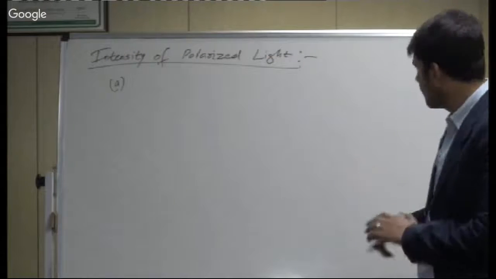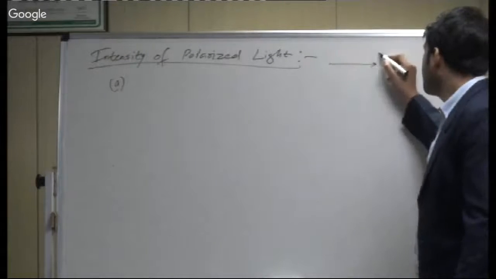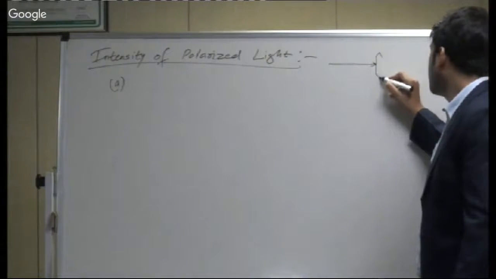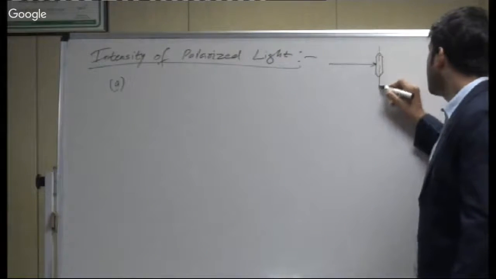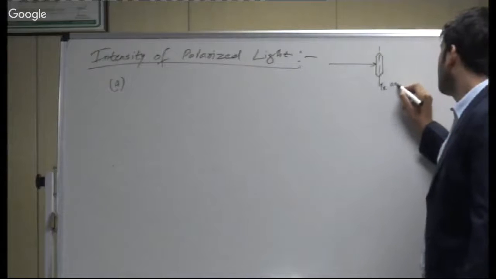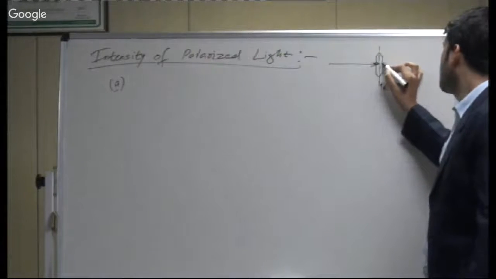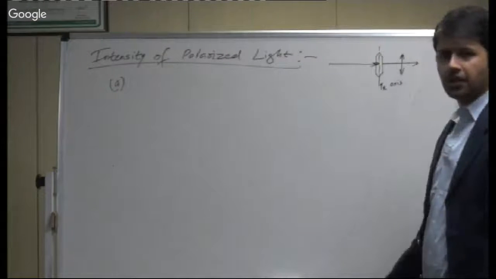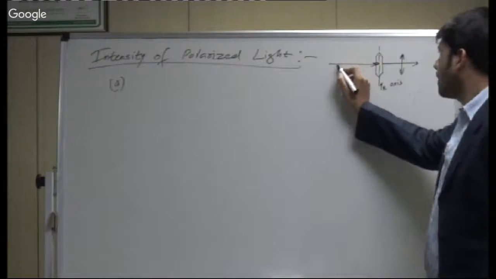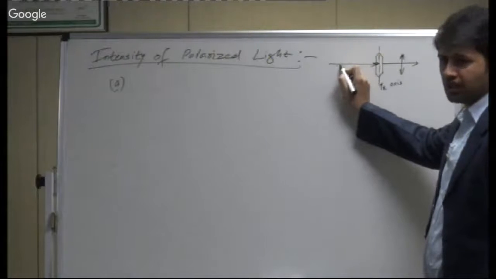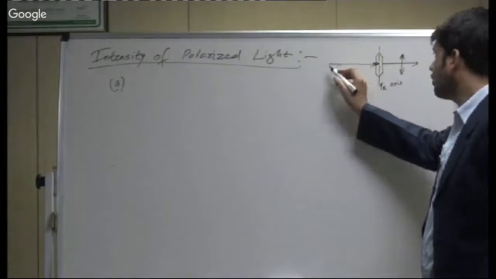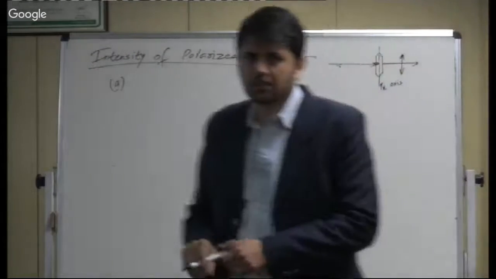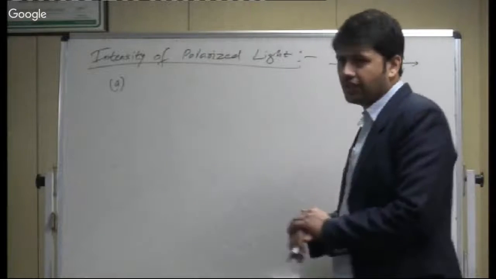So we have this light which is incident on a polarizer. Let's say these are the transmission axes, and we get plane polarized light, right? But depending on the original incident light, whether it was unpolarized or plane polarized, we get different kinds of intensity formulas.